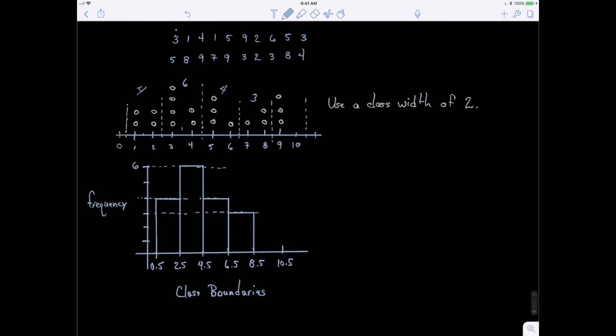And then our last one is also a frequency of 3. So let's draw that. And bring it across. There. Now, there's our histogram.